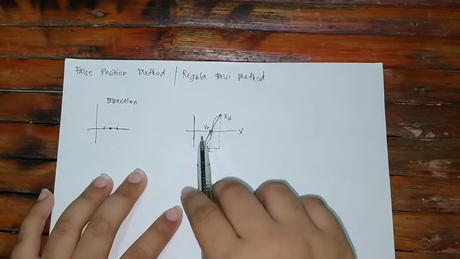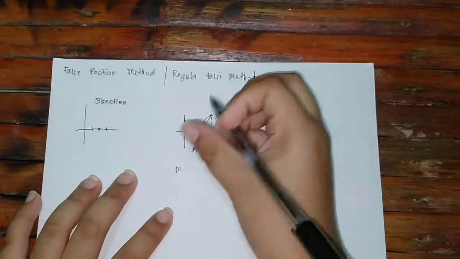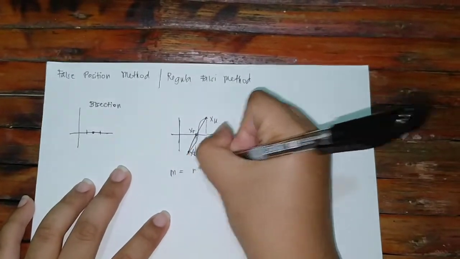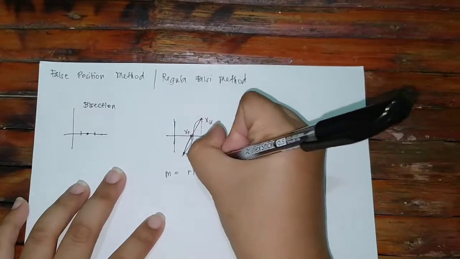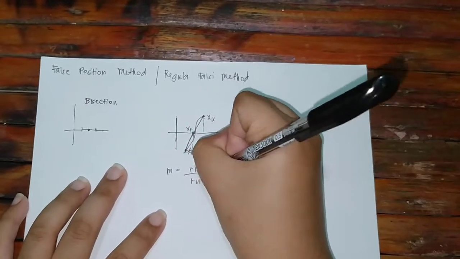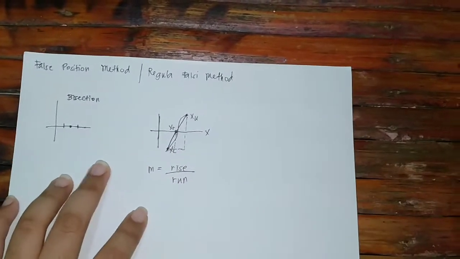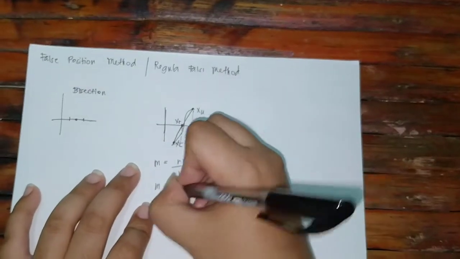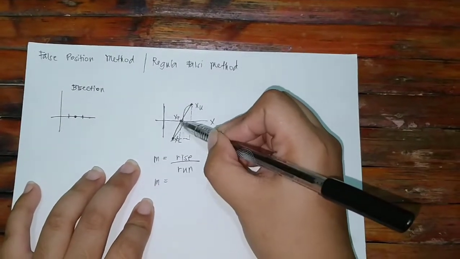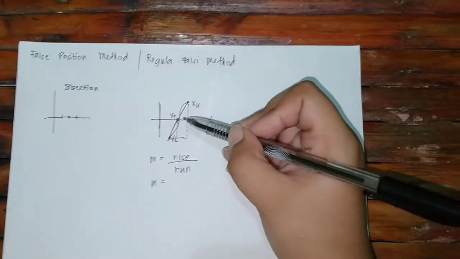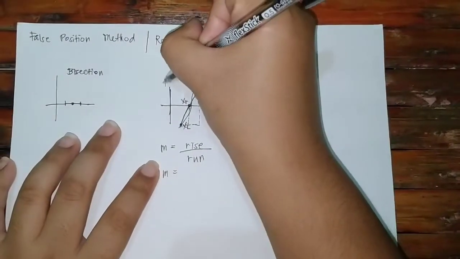Now we're going to use the slope formula, which is the rise over run. First, we're going to get the slope of this right triangle. So here is the f of x.